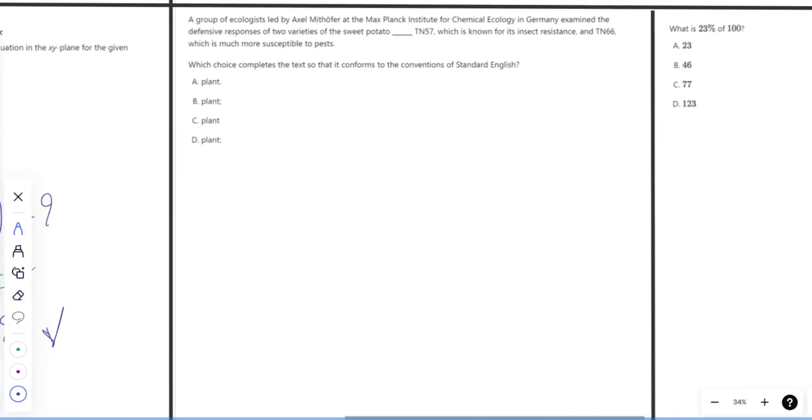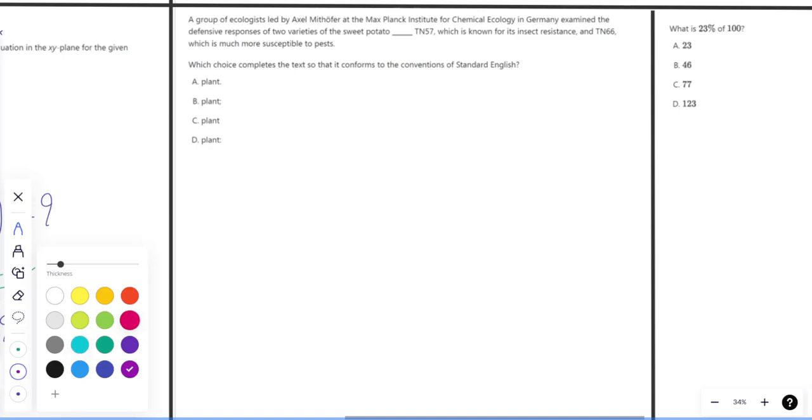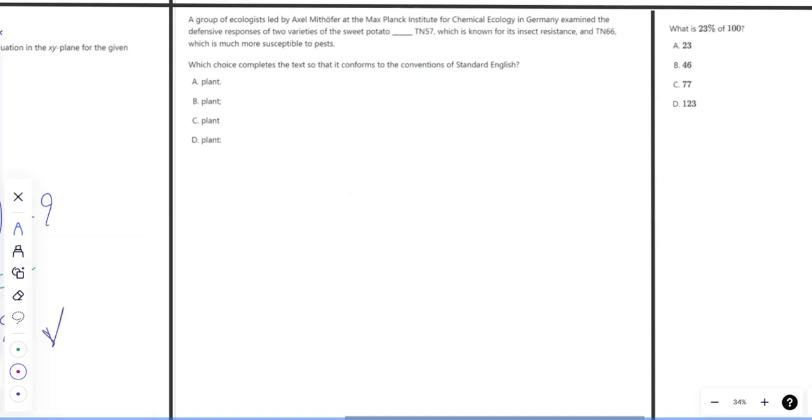Alright, what we've got next, it's not too bad. It's another reading standard English conventions type of question. So let's pick red for this one. This is asking, which choice completes the text so it conforms to the conventions of standard English.